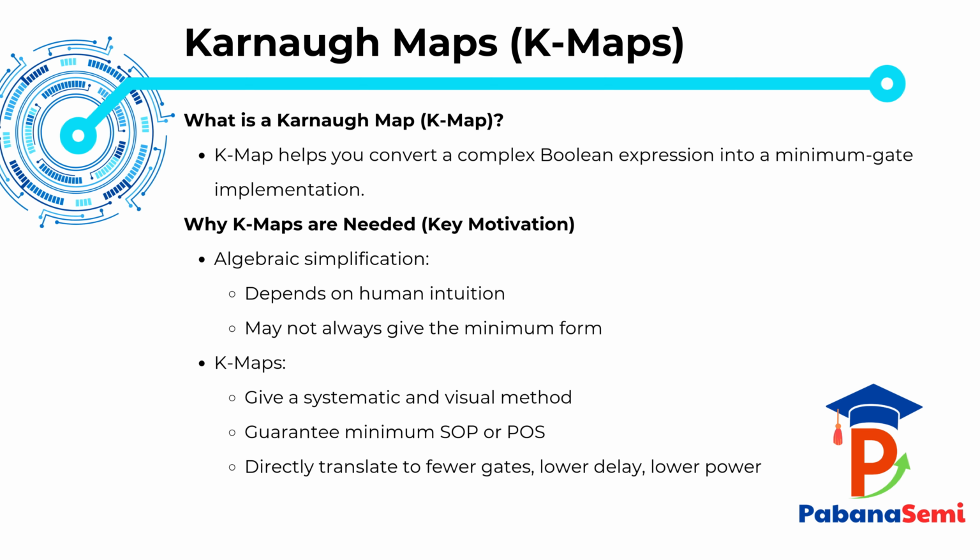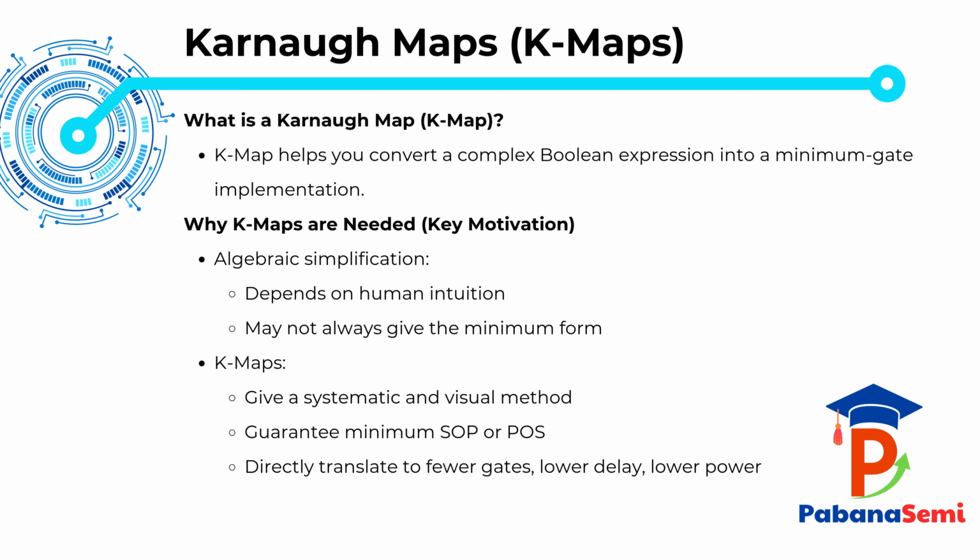K-maps provide a systematic and visual method of simplification. They guarantee a minimum SOP or POS expression, which directly translates to fewer logic gates, lower propagation delay, and reduced power consumption. Key takeaway. Whenever we want guaranteed minimum logic, reduced hardware, and faster, more reliable designs, Karnaugh maps are the preferred tool.